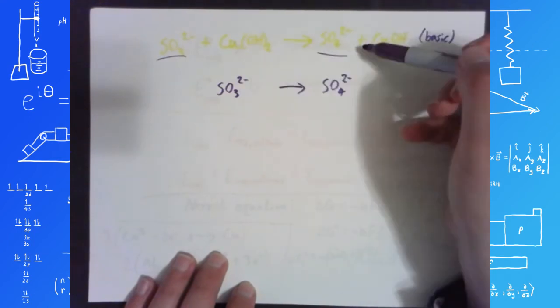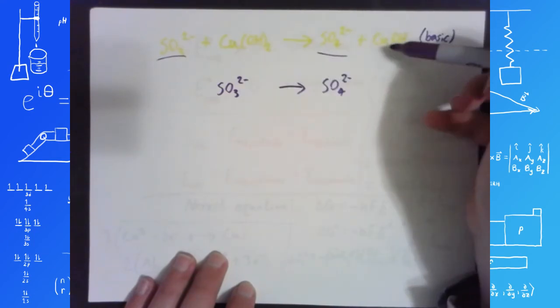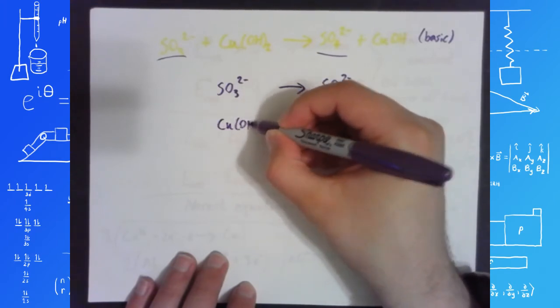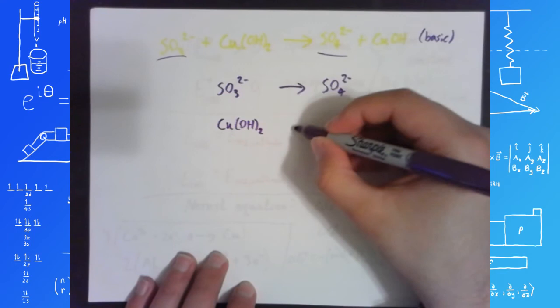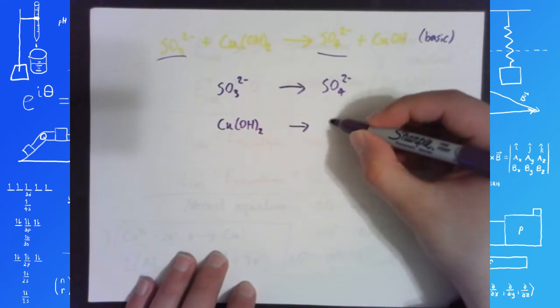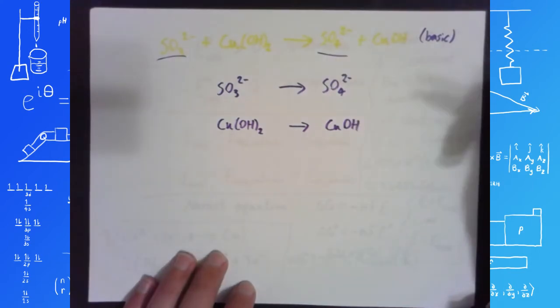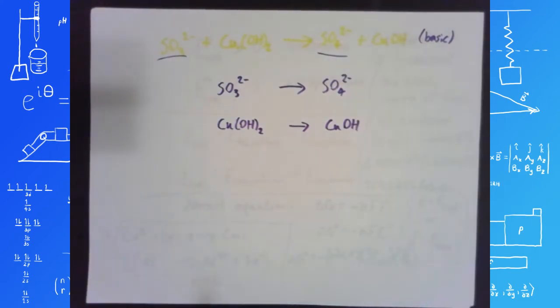And then copper 2 hydroxide turning into copper 1 hydroxide. Let's see what we've got.